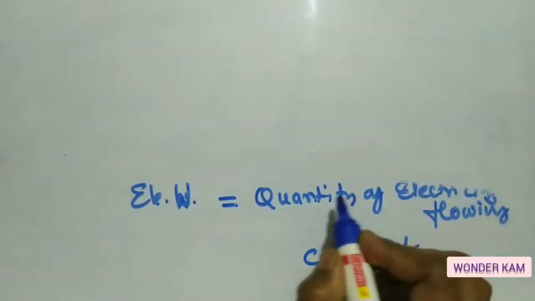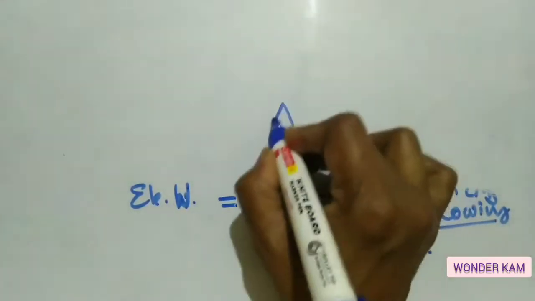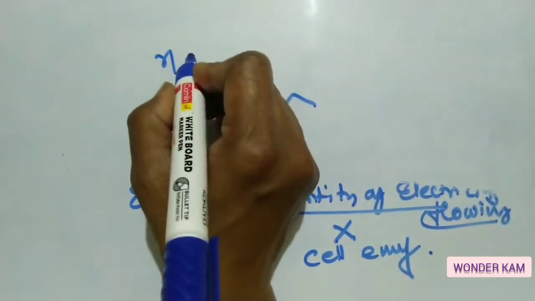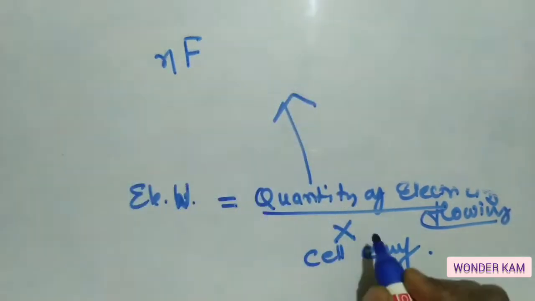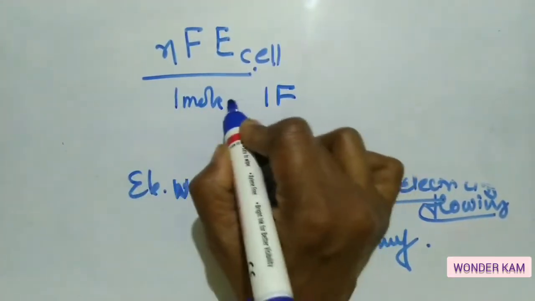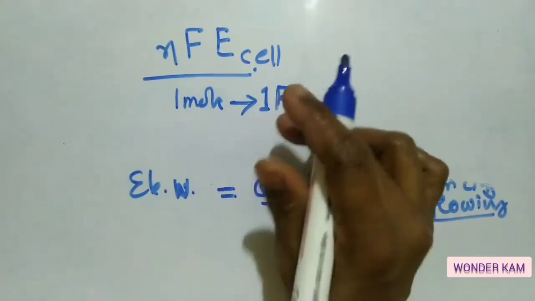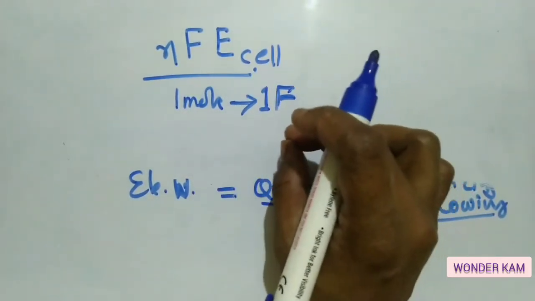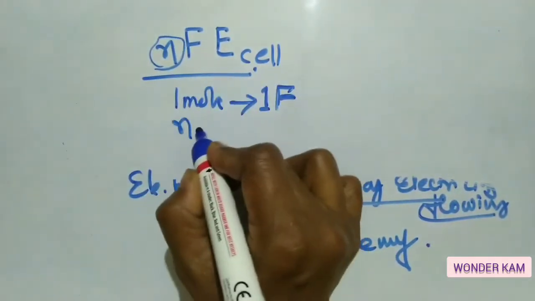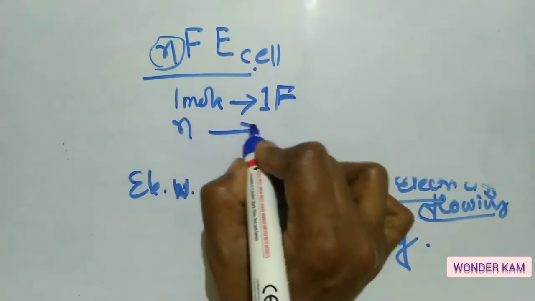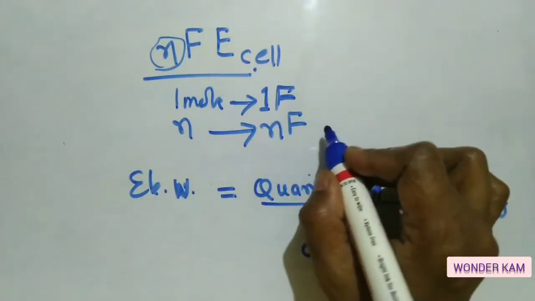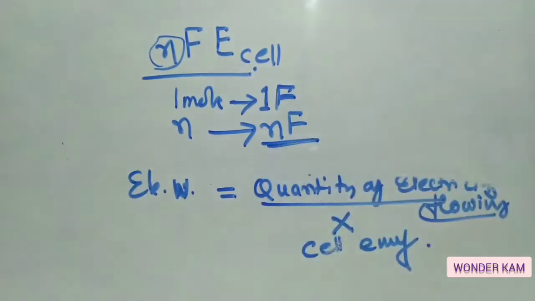This quantity of electricity flowing can be calculated from the number of electrons involved in the cell reaction, and EMF would be E. For 1 mole of electrons transferred, 1 Faraday of electricity flows through the cell. So if n moles of electrons are involved, the flow of electricity would be nF Faraday.